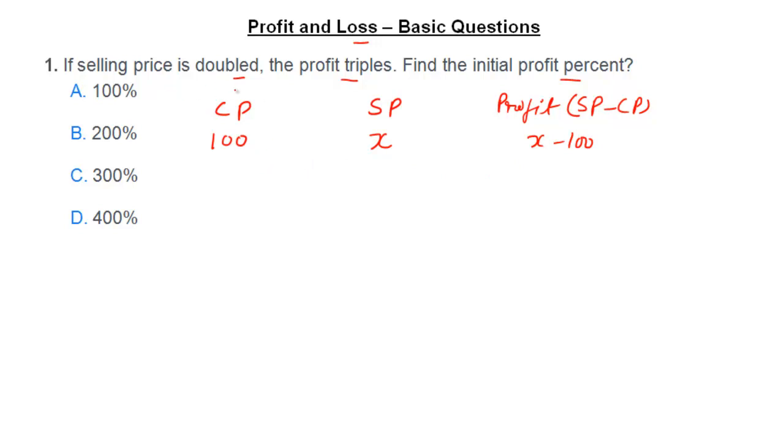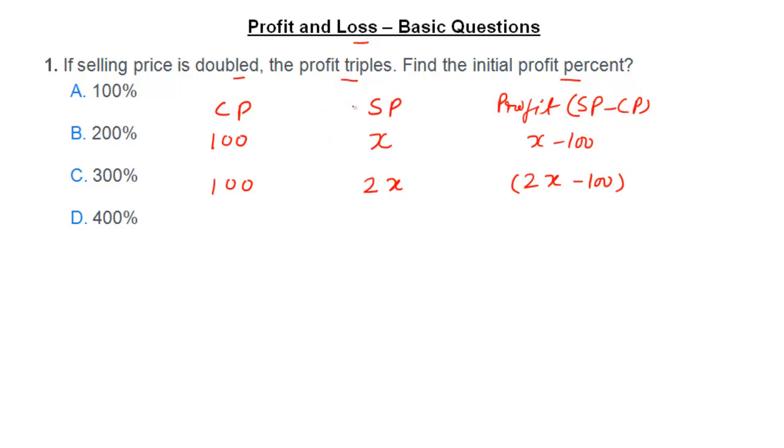And in the question it is given that when selling price is double, so when this SP becomes 2X, and there is no change in CP, cost price, which remains 100, then this profit is 2x minus 100. So this is the new profit, right? And as per the question, the profit triples.